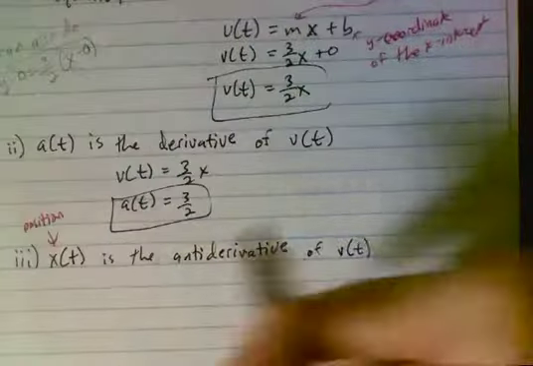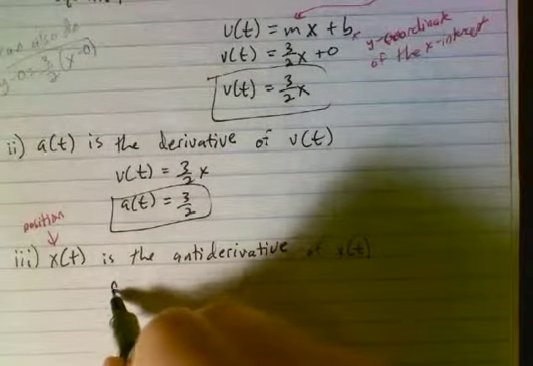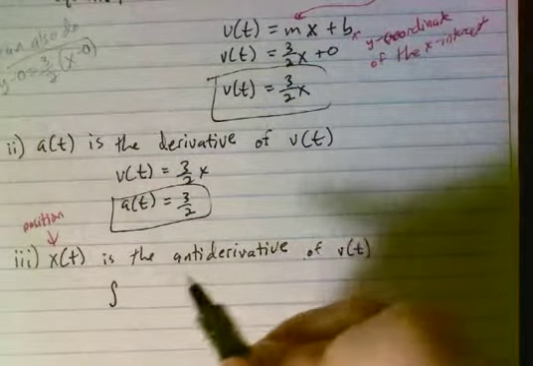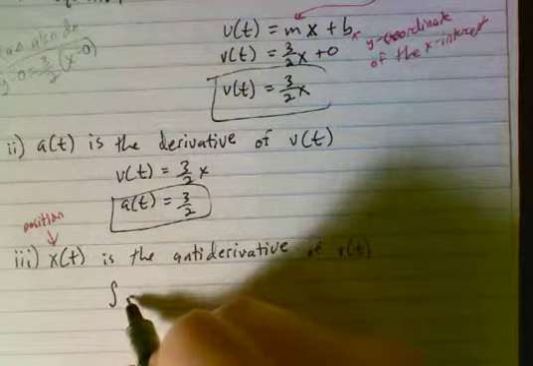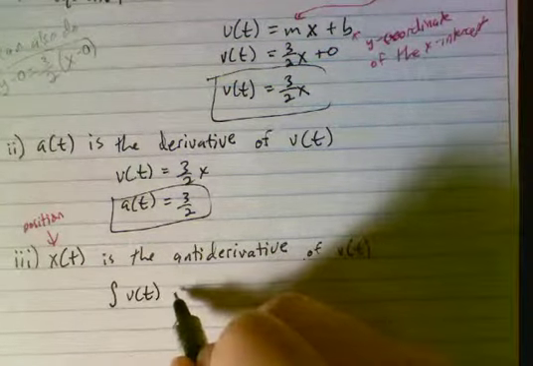So x of t is the antiderivative, so let's take the antiderivative of v of t.